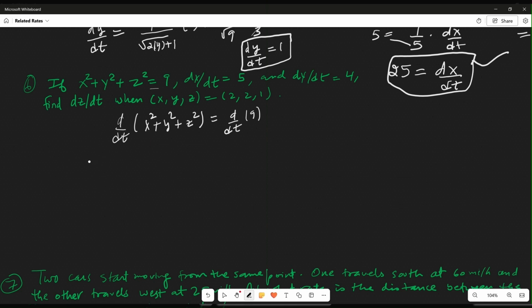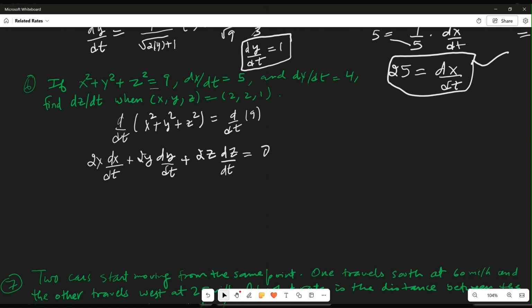The derivative of x squared is 2x dx over dt, with respect to t, plus, because this is different, x, y, z are all functions of t, this is not a simple one. Same thing here, 2y dy over dt, plus 2 times z dz over dt, and the derivative of the constant is 0.